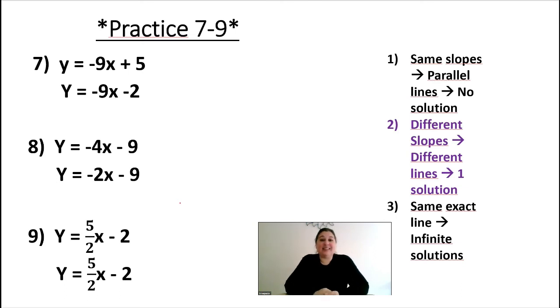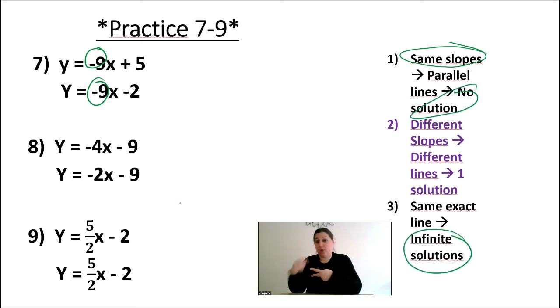All right, number 7. Are these the same slopes? Yes. Okay, if it's the same slopes, there's only 2 options. Either it's no solution or it's infinite. How can we tell the difference pretty quickly? Well, if the y-intercept's the same, that means it's the same exact line, which means it's infinite.